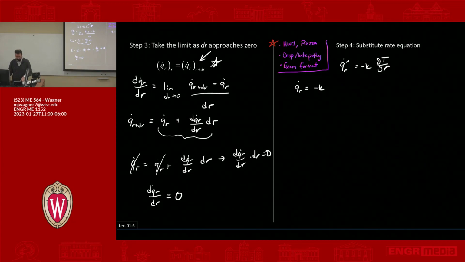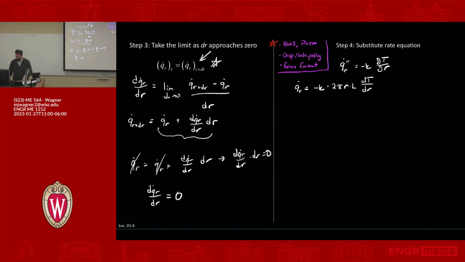So that's minus K times 2 pi R L, where R is whatever radius we're at when evaluating this. And then we have dT dr. Because this is only a function of R, instead of a partial differential we can use an ordinary differential, dT dr. We now have our rate equation.